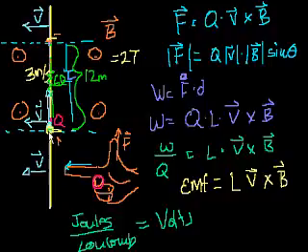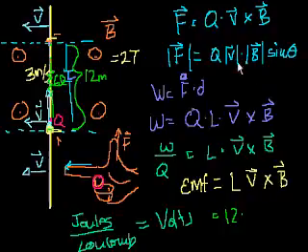So the EMF induced, the electromotive force put onto the wire by the magnetic field, is going to equal the length of the wire in the magnetic field, 12 meters, times, well, when we're taking the cross product, we know that the velocity is perpendicular to the magnetic field, so we don't have to worry about sine theta, because theta is already 90 degrees.